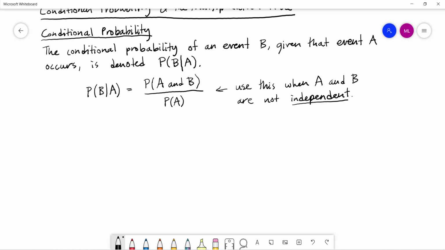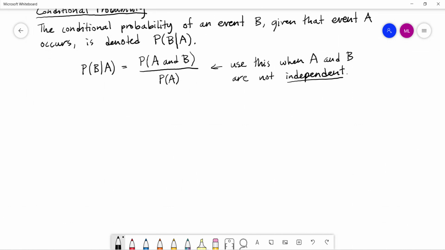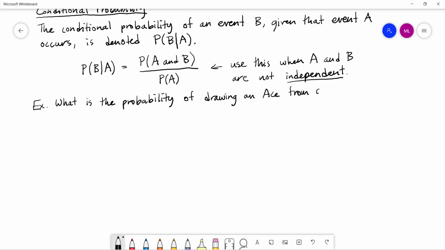So let's think about an example. A good example would be with playing cards. If I just ask you, what is the probability of drawing an ace from a normal deck of cards?